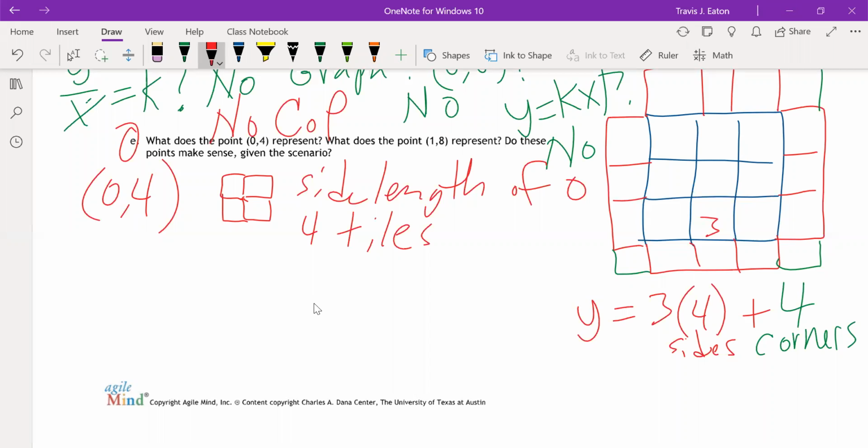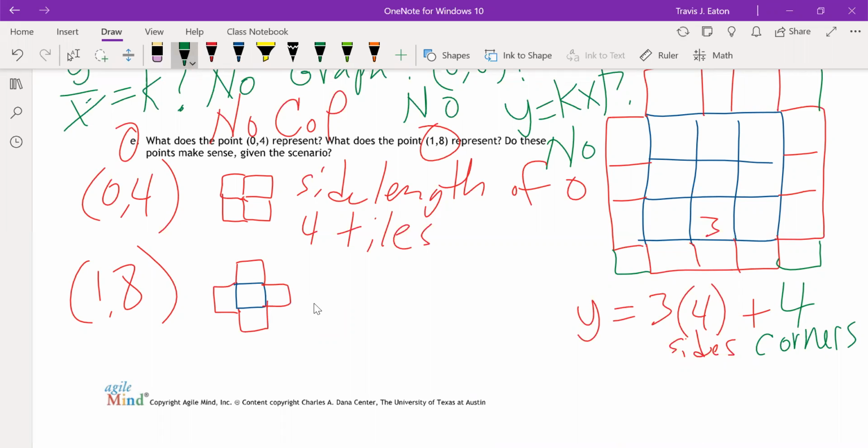All right, but what about 1, 8? Well, that means that we would have a side length of 1 by 1, and it would take 8 tiles to surround it. So you'd have to have 1 there, 1 there, 1 there, 1 there for each side.